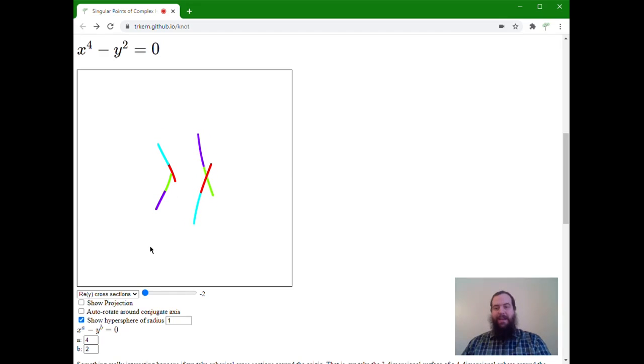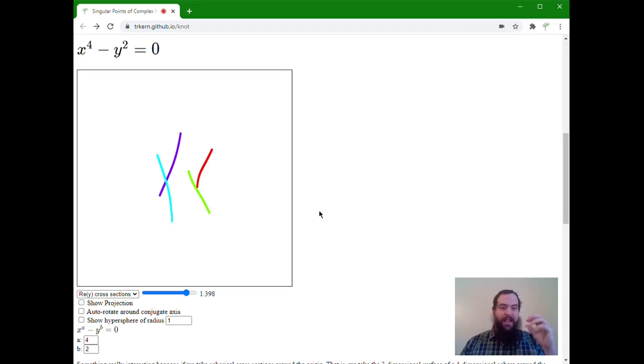So you can play around with the exponents as well, and you get some interesting behaviors, but nothing particularly enlightening.